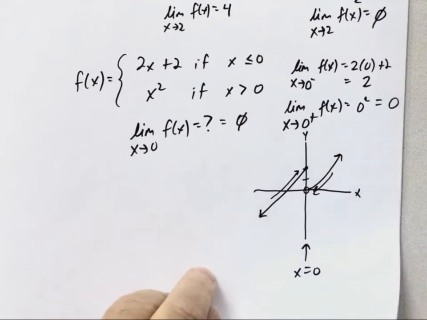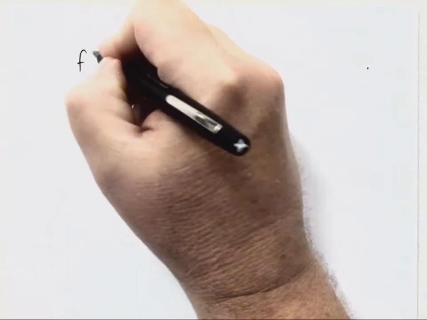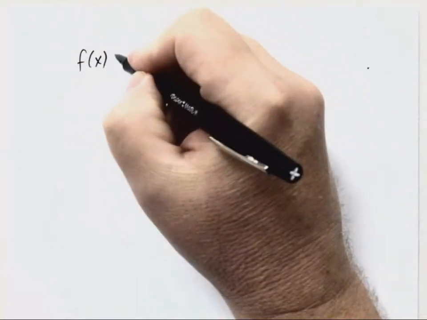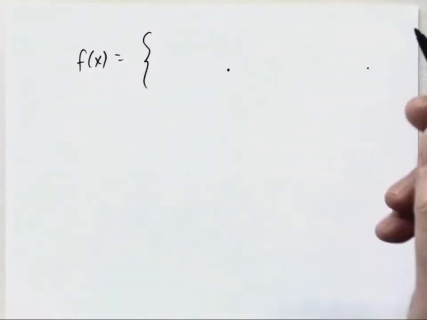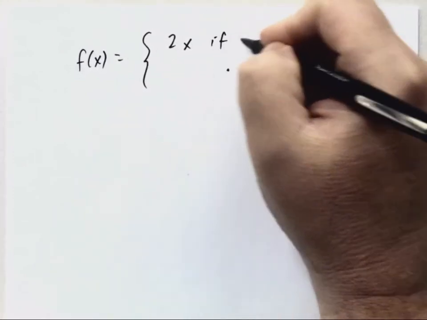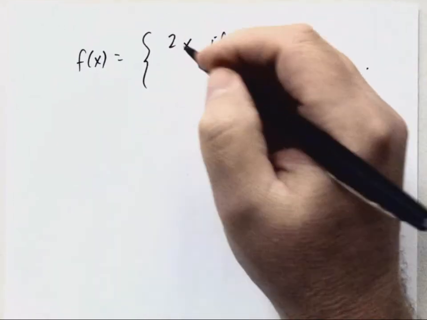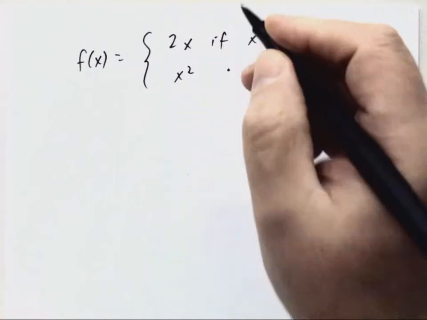Let's do one more quick piecewise example, and then we'll be done covering the limits when x approaches a number. So here's another one, once again a piecewise function. f of x equals 2x if x is less than or equal to 2, and then f of x equals x squared.